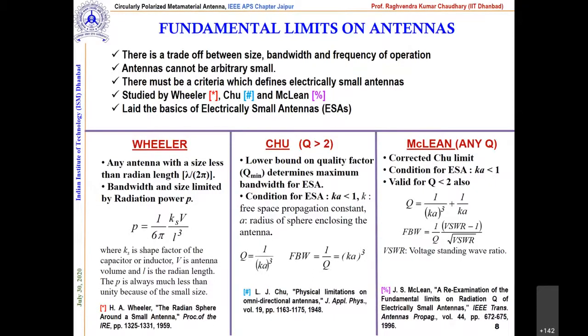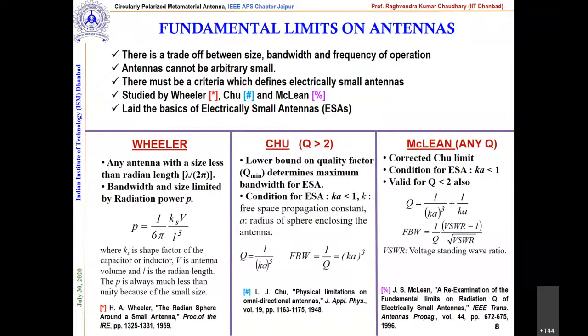Three scientists, Wheeler, Chu, and McLean, studied theoretically how far miniaturization could be possible. McLean corrected Chu and Wheeler, and finally gave theoretical formulas by which you can see the possible Q factor, the radiation quality factor, and the fractional bandwidth.